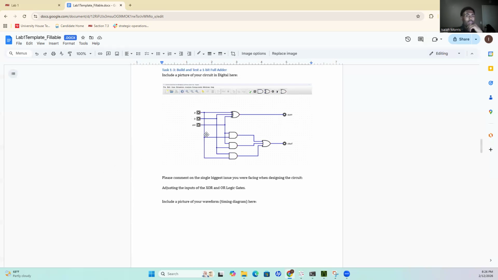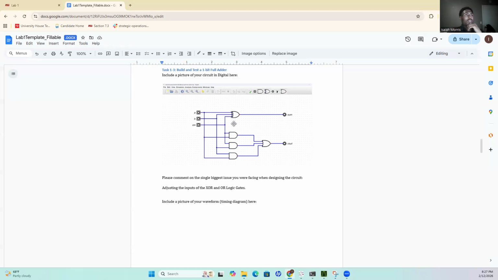Okay, here I think you have the full adder. You have inputs A, B, and then you have the carry-in, and you have the outputs sum and carry-out. So here you have an XOR gate.